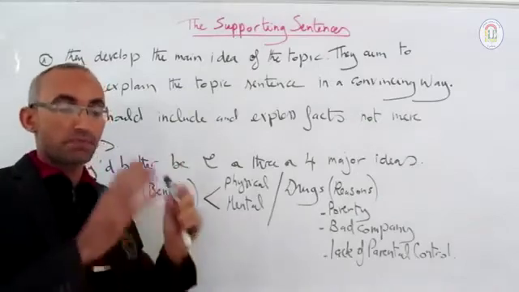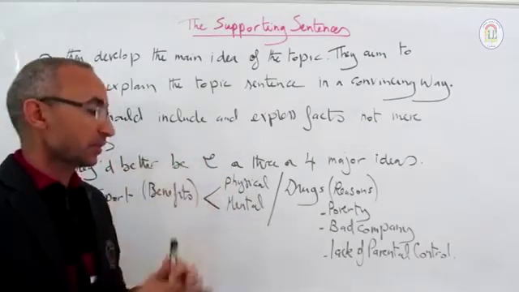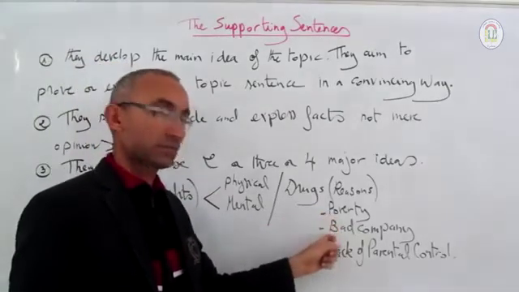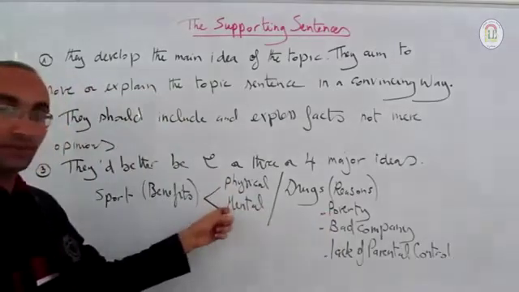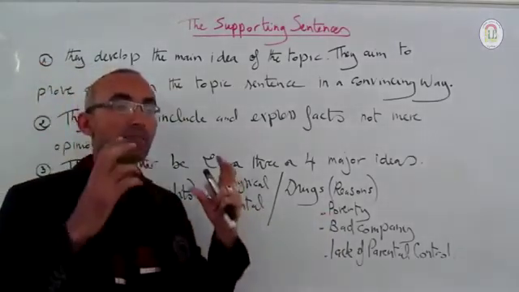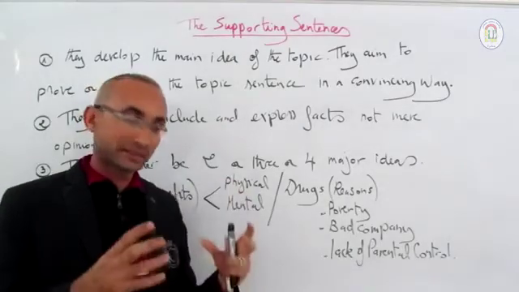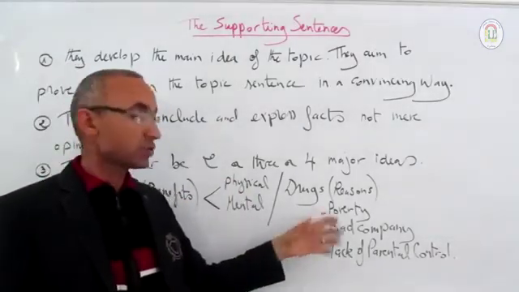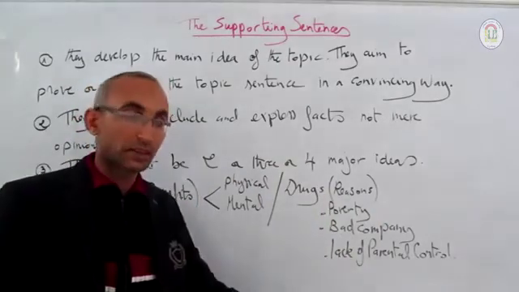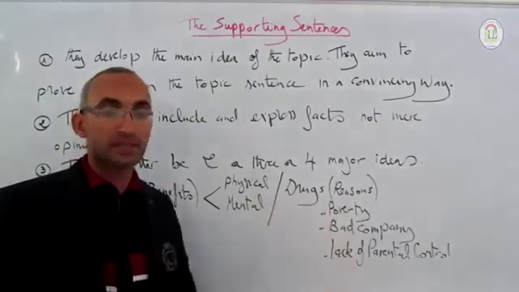We have the major supporting sentences, which express the main ideas, these ones, and we have what we call the minor supporting sentences. These come after the major main ideas to develop them, explain them, detail them, exemplify them, and so on.